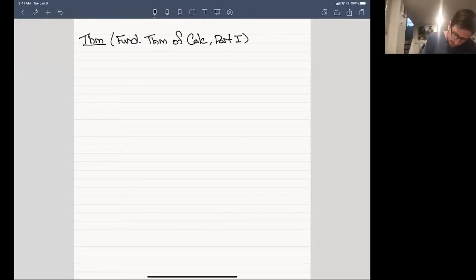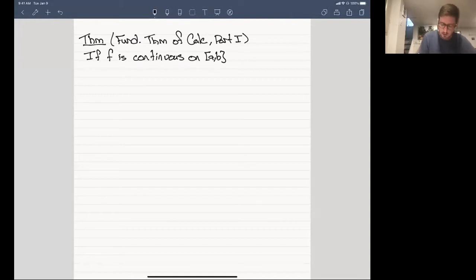And what this says is that if f is continuous on the interval [a, b], then that capital F function that I just defined, so remember, it's the integral from a to x of little f of t.